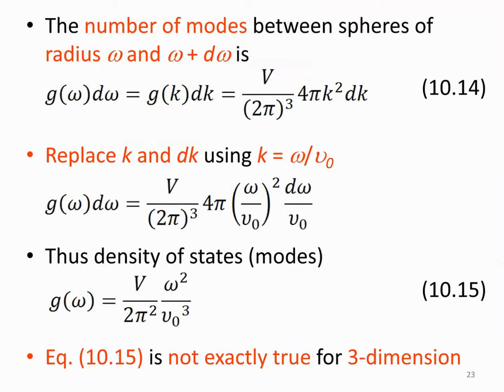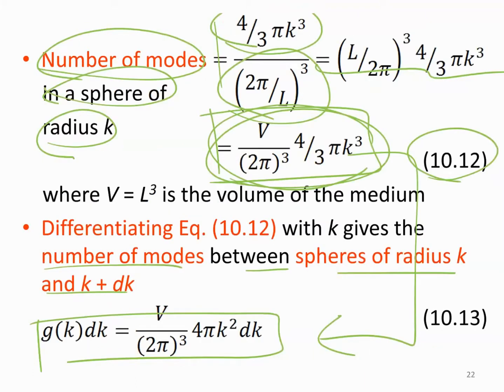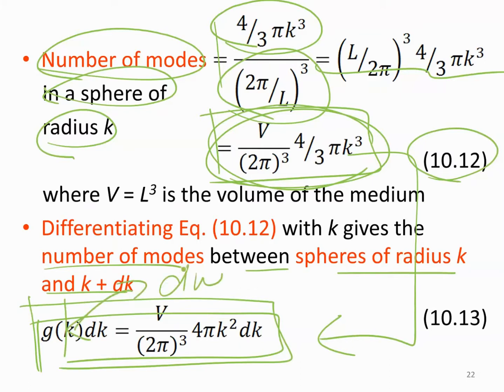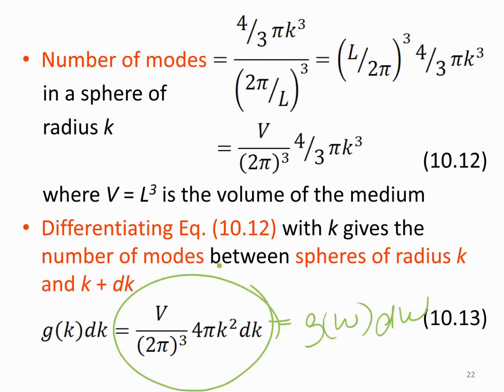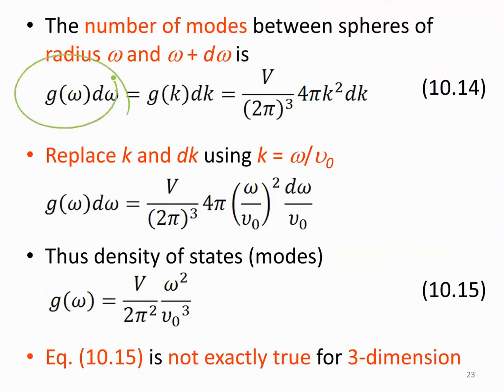So the number of modes between the sphere of radius omega and omega plus d omega is also equivalent to this equation. Why? Because k corresponds to omega. So in other words, g(k) dk equals g(omega) d omega equals this value.